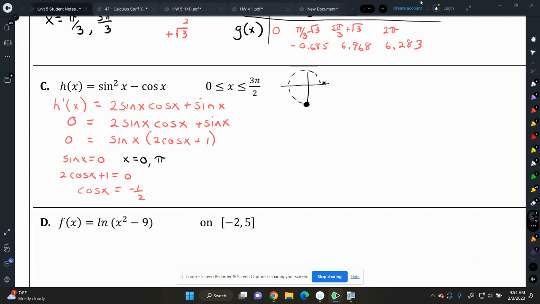Okay, cosine x equals negative 1/2. Where is the cosine equal to negative 1/2? So that would be right here, which is what? 2 pi over 3. Okay, it's okay if it takes you a couple minutes to figure that out, right?